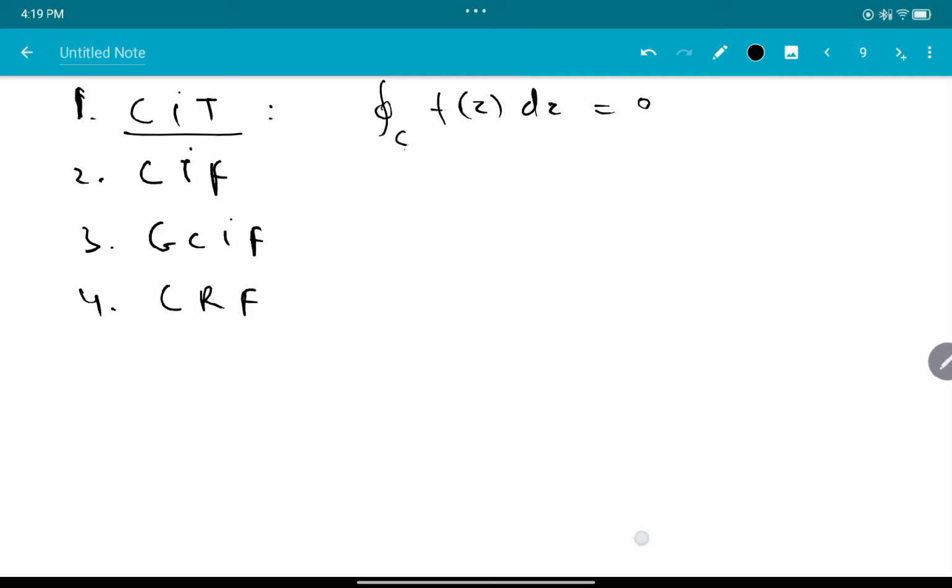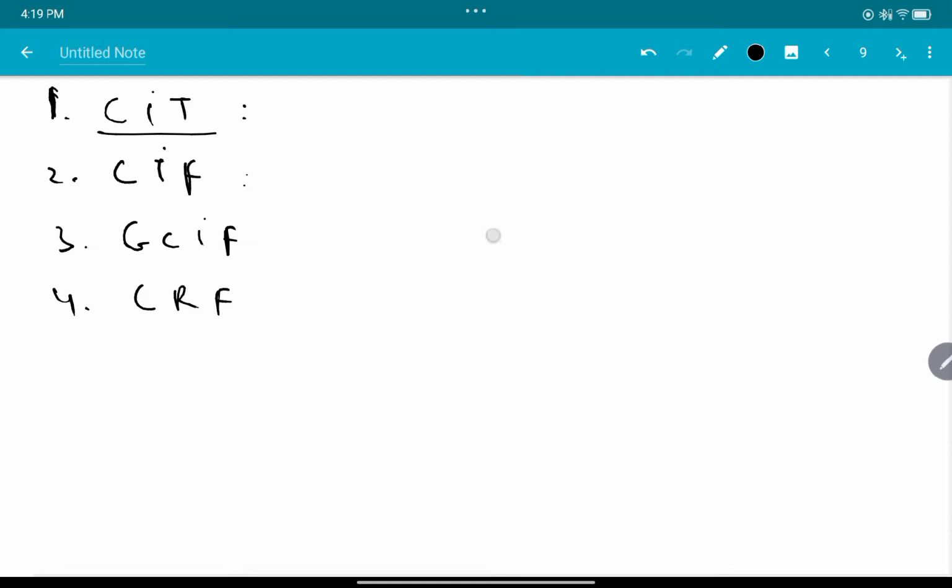If there is no singularity, then this is equal to 0. Now if there is one singularity, then the integral is not equal to 0. It's equal to 2 pi i f(a). Now this is Cauchy's integral formula. This is for the no singularity case.